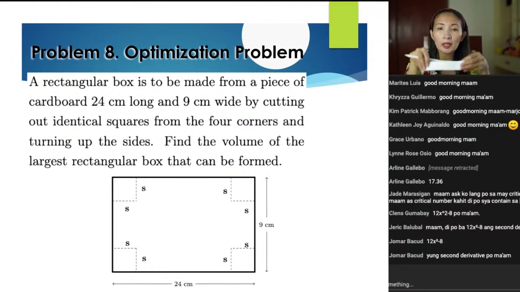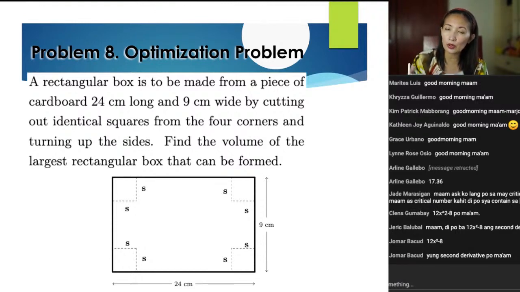Okay, a rectangular box is to be formed by cutting a cardboard 24 cm long. So originally its length is 24 cm and its width is 9 cm. But we are to cut out squares from each corner.